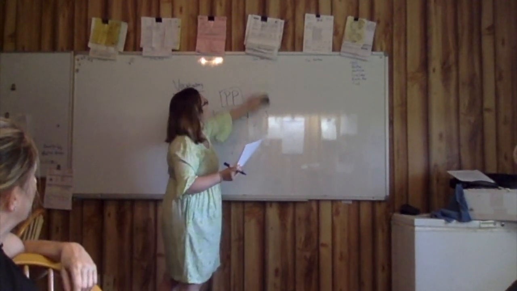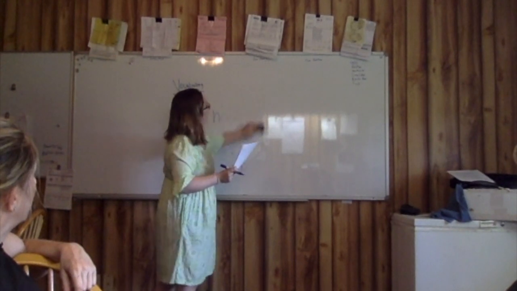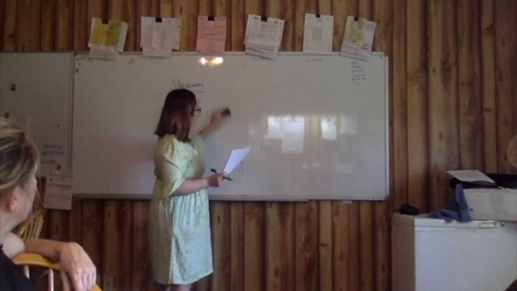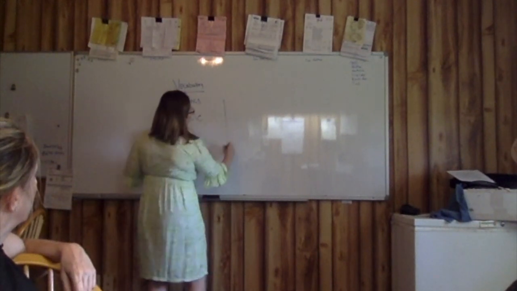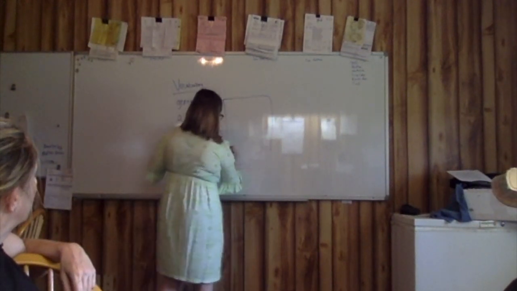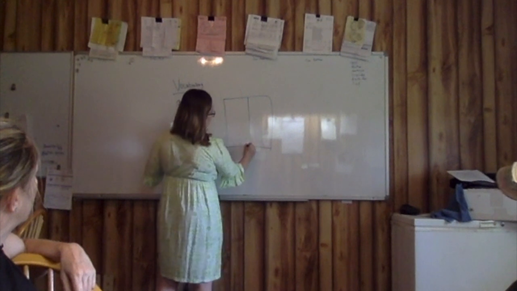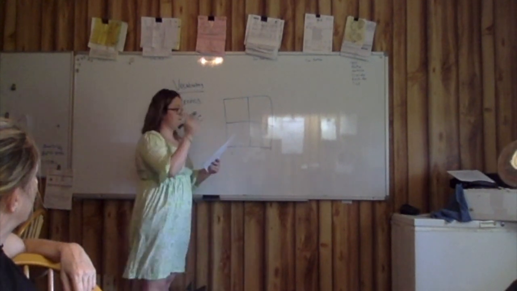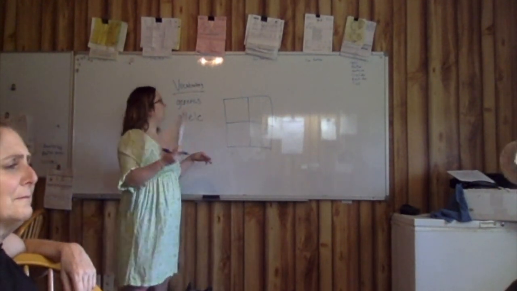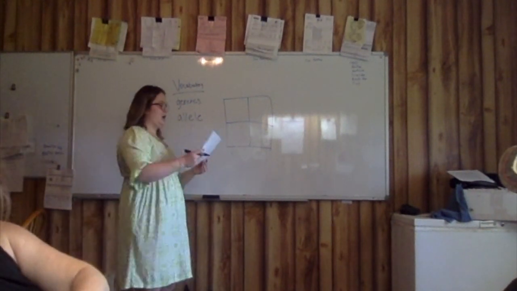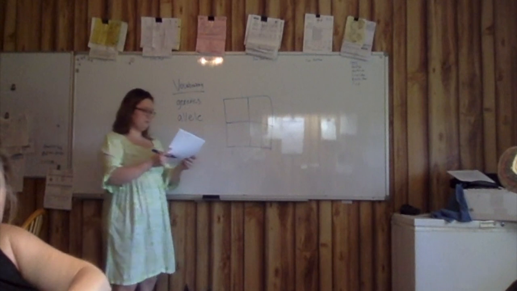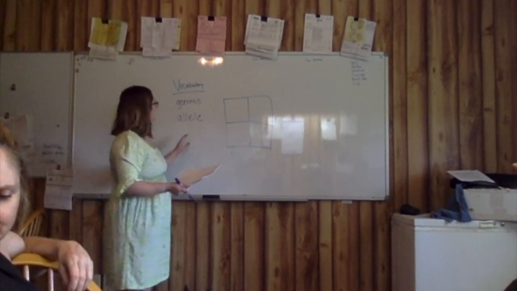A Punnett square is the way to find out what the percentage of genetics would be. You just draw a big square and then split it hot dog style and hamburger style. Ryan, give me 2 alleles. Give me a genetic type.